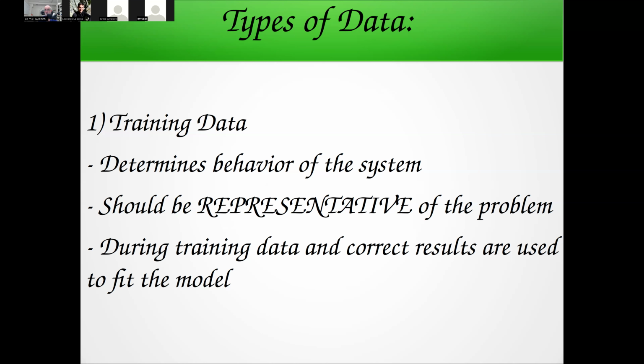That would introduce bias in what our model would do. Well, it depends. If we only want to estimate the height of basketball players, that would be okay. But if we want to estimate the height of the overall population, then we need to train with pictures of very tall people, but also normal height people. So we need our training data to be representative of the problem that we want to solve.